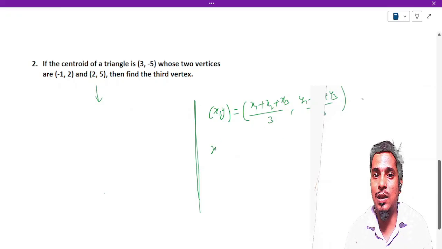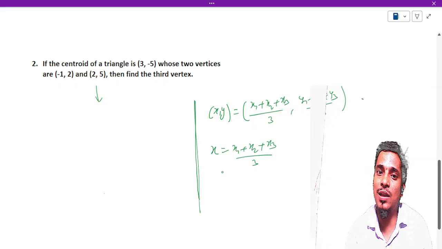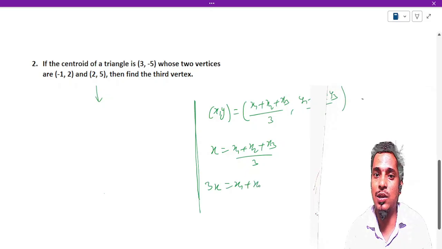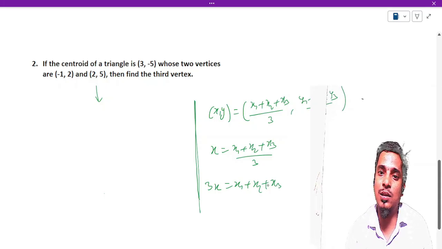So we can see that x is equal to x1 plus x2 plus x3 by 3. So from this, by cross multiplication of this 3 and x, 3x is equal to x1 plus x2 plus x3. Let's say this is the third point that we are interested to find. The first 2 points of the triangle are given.